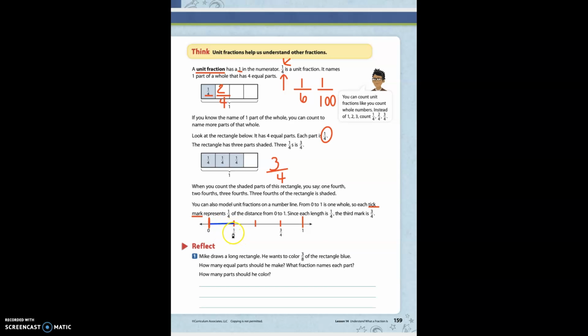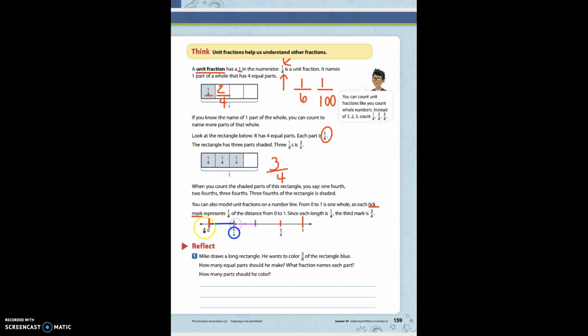Now we put the label for 1/4 right here. But from here to here is another 1/4.